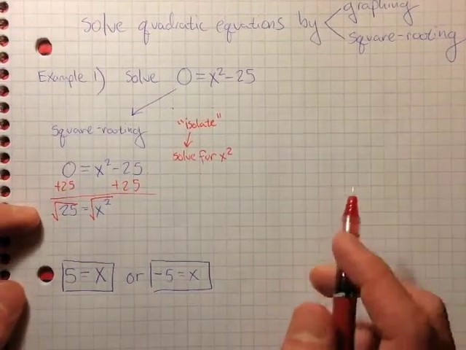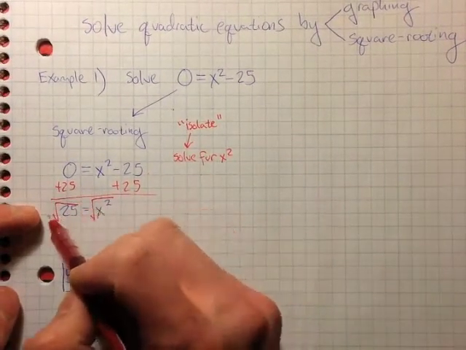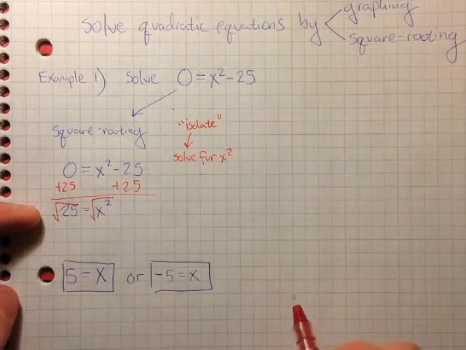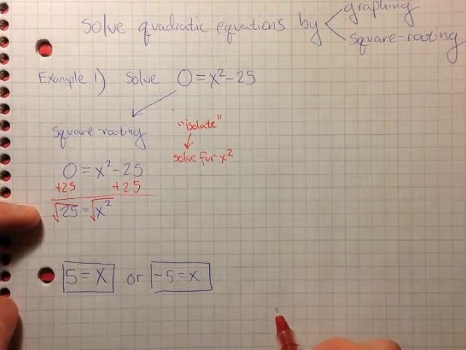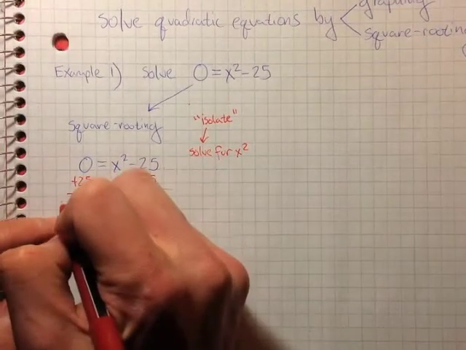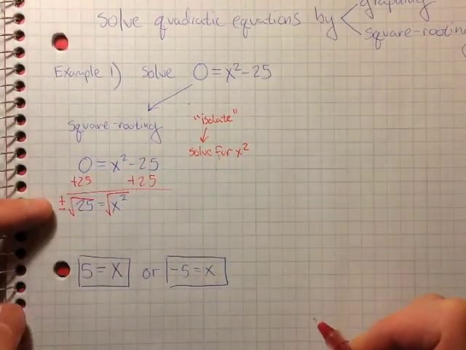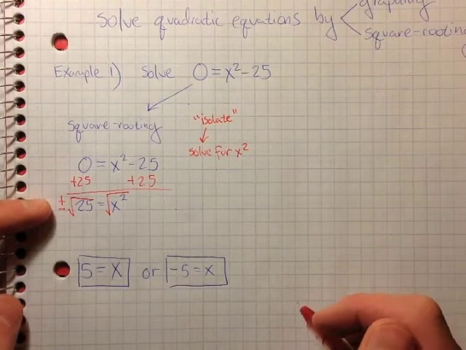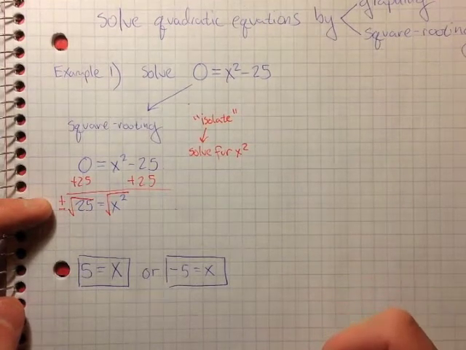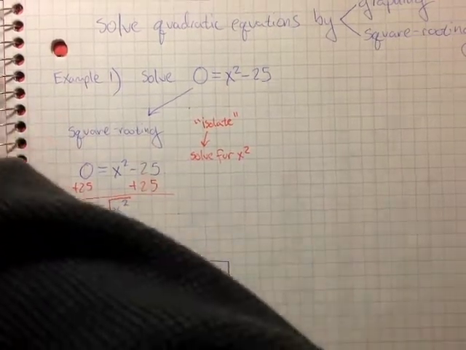But the key here is that whenever you square root both sides of the equation, you also have to include this thing on the front end, plus or minus. You see that symbol there? It's a plus sign on top of a minus sign. The way we pronounce it is plus or minus.